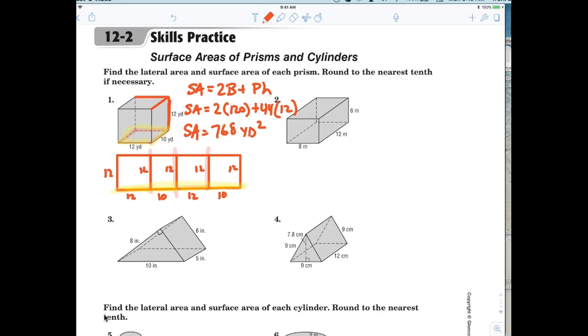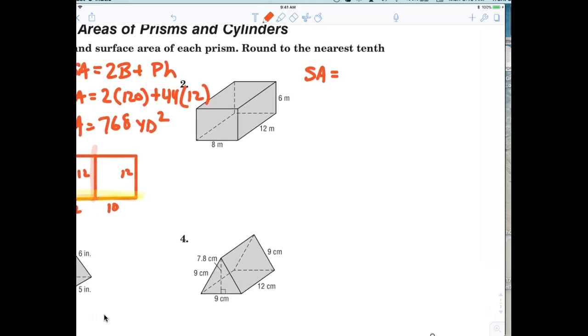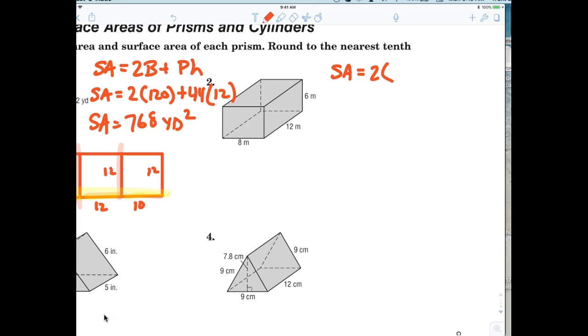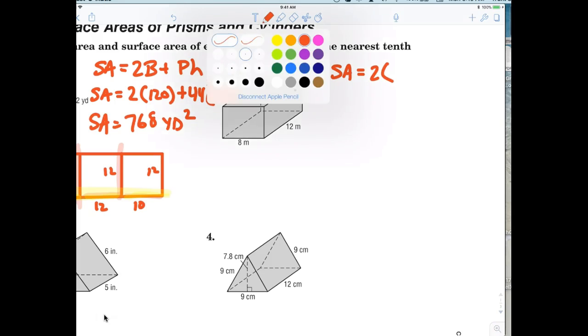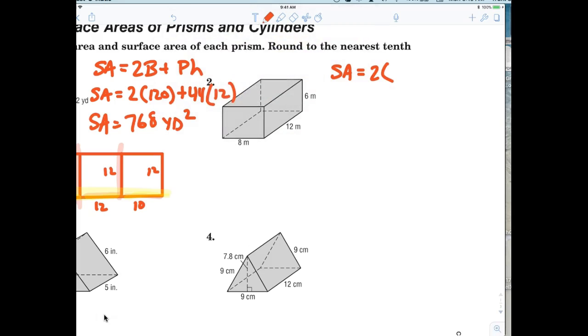So here we go for question number 2. Surface area. Notice I left out the what? The lateral area. So for question number 2, 2 times the area of the base. And in this case, the base was 96. Very good. Plus, now the perimeter is what? 40.